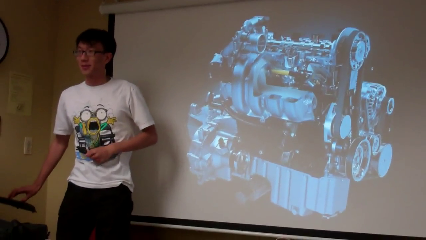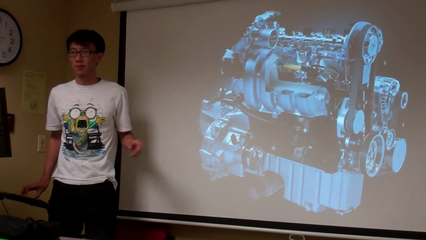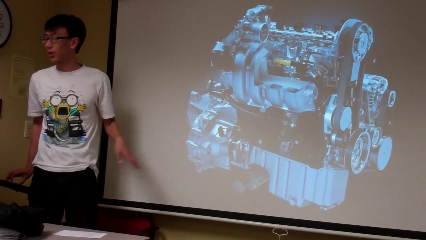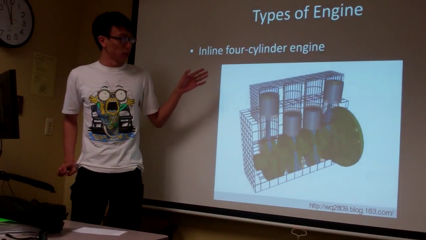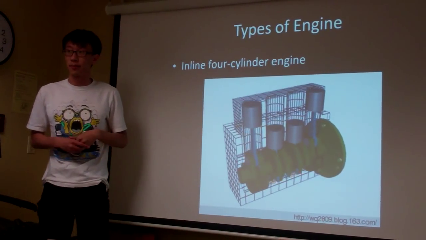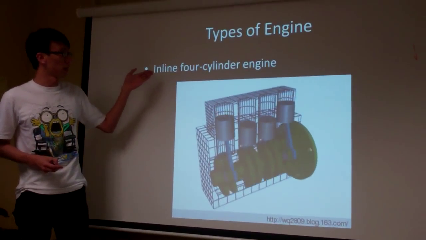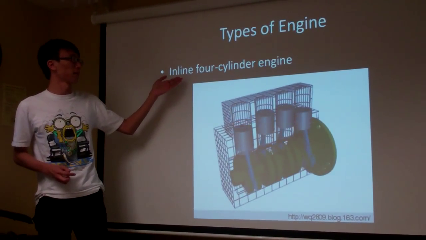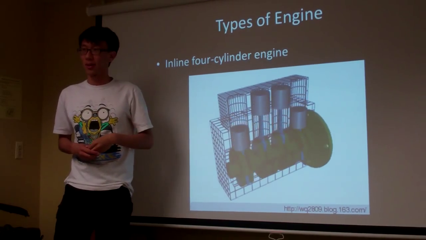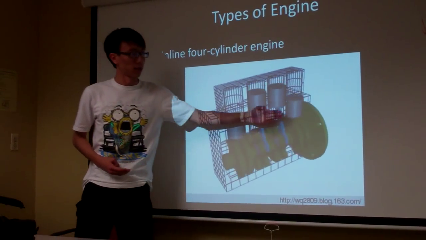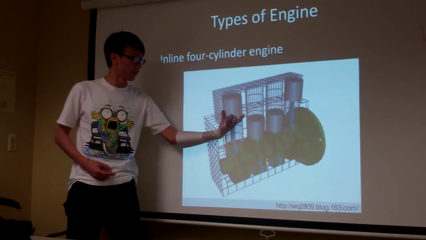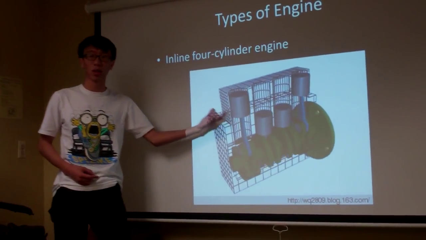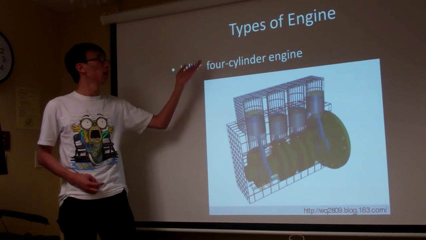An engine can look like this. It's just a fancy picture. Now I'm going to introduce the types of engine. The first kind of engine is called the inline 4-cylinder engine. Like a line, there are 1, 2, 3, 4 cylinders.